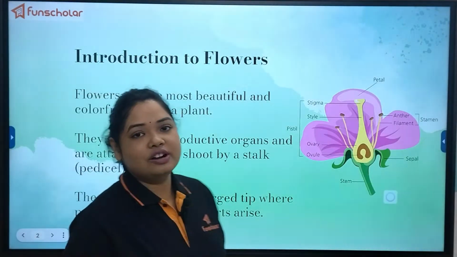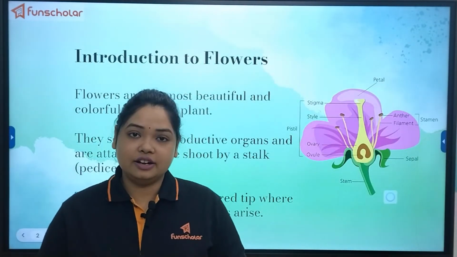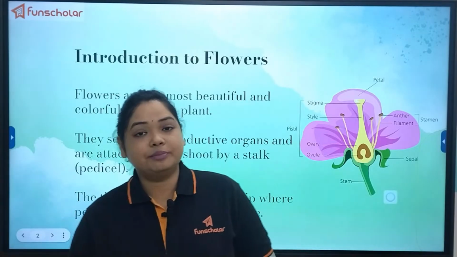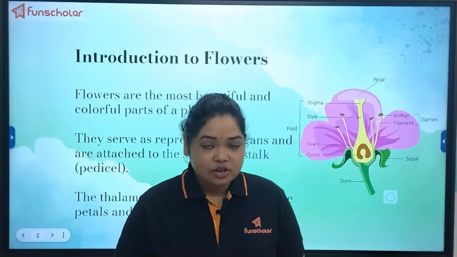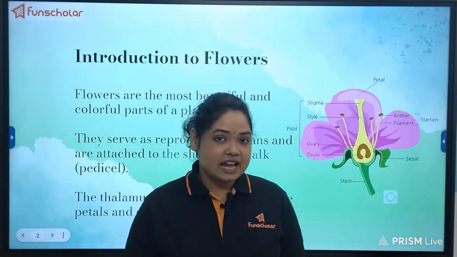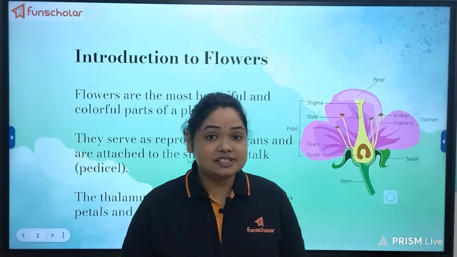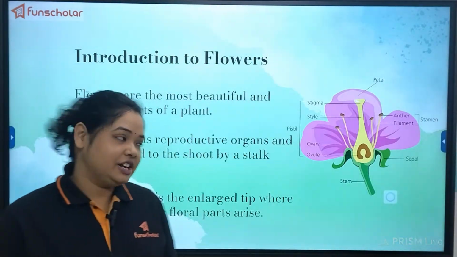As we already know, the flower is the reproductive organ of a plant, and it is the most attractive part also. It is a thing of beauty which attracts pollinators such as insects, animals or human beings with its beautiful colors and fragrances for the purpose of pollination.